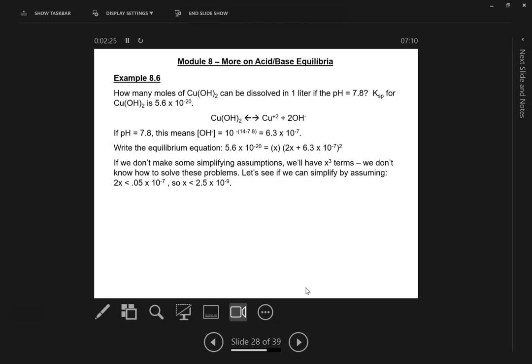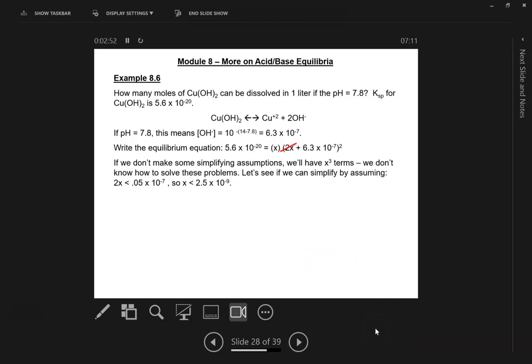Our assumption, as always, significant figures rules the day. So we say that 2x is less than 0.05 times 10 to the minus 7th, because we're trying to ignore the 2x compared to the 6.3. That would mean that x would be less than 2.5 times 10 to the minus 9th.